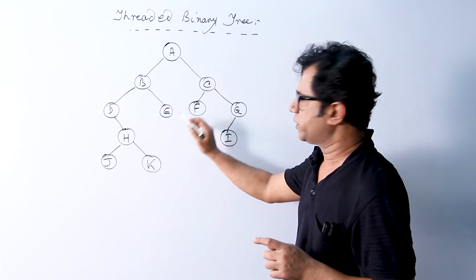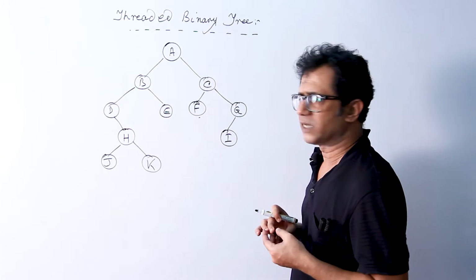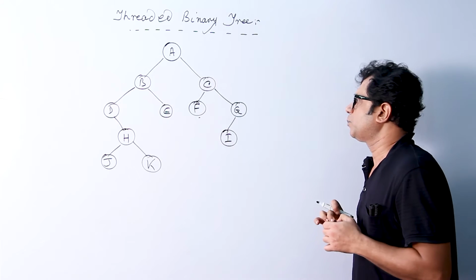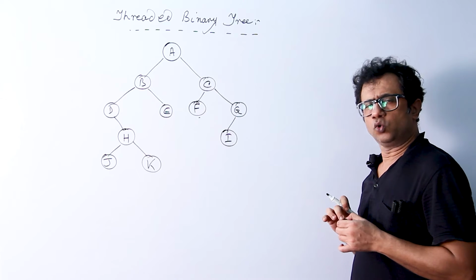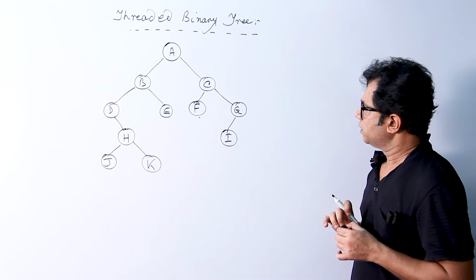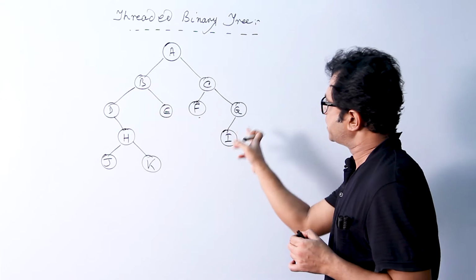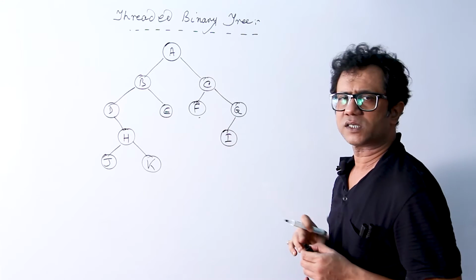And if the right pointer of any node is pointing towards null, then that null pointer is to be directed to the inorder successor. I have taken the inorder predecessor in the case of left; in the right case, we are going to point it to the inorder successor.